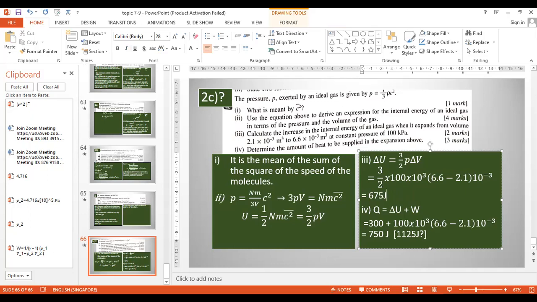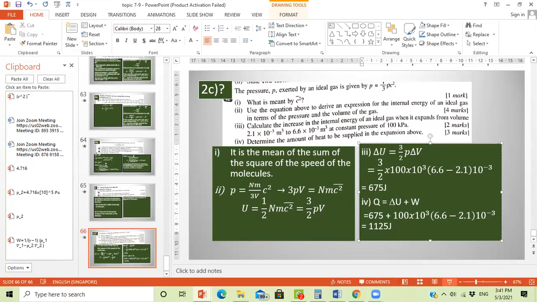Because of a mistake there, there's also a mistake here. So the answer is correct. Okay, now anything not clear? My careless mistake, maths mistake.